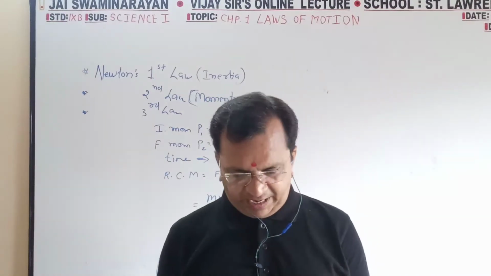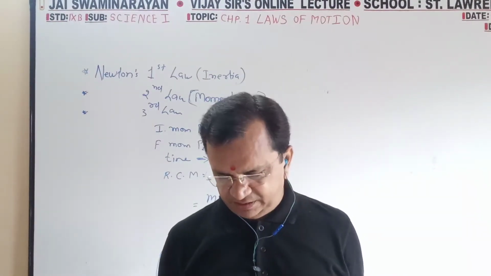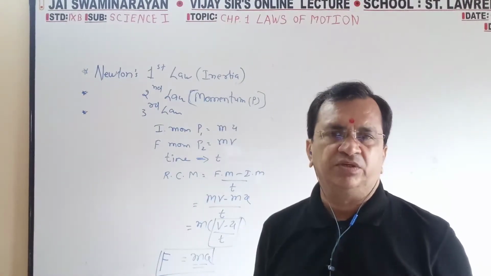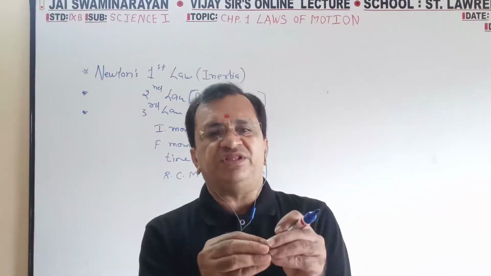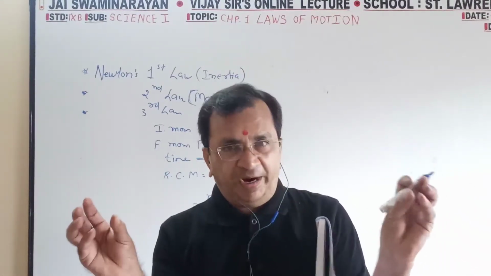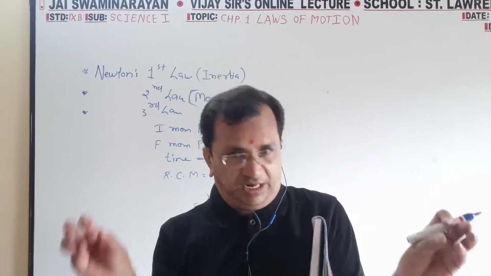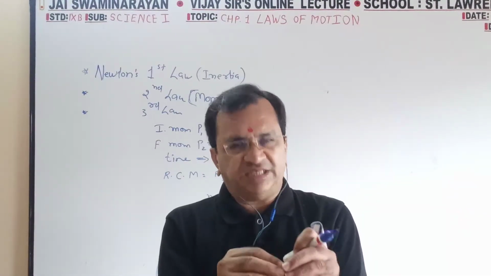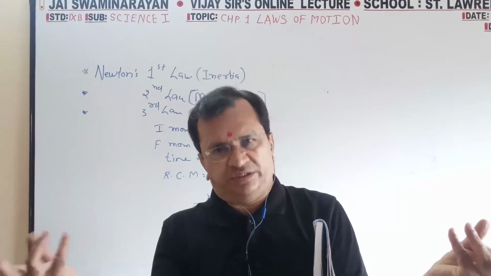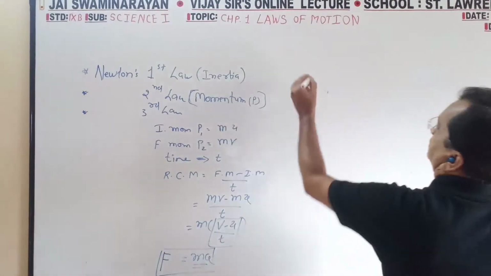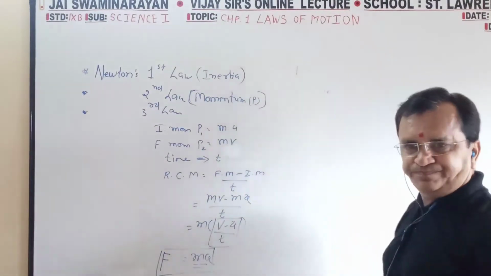Then the magnitude of the total final momentum is equal to the magnitude of the total initial momentum. If two objects collide with each other, they separate after collision. The total momentum, momentum A plus momentum B, before collision is exactly equal to that after collision. So how do we show that?